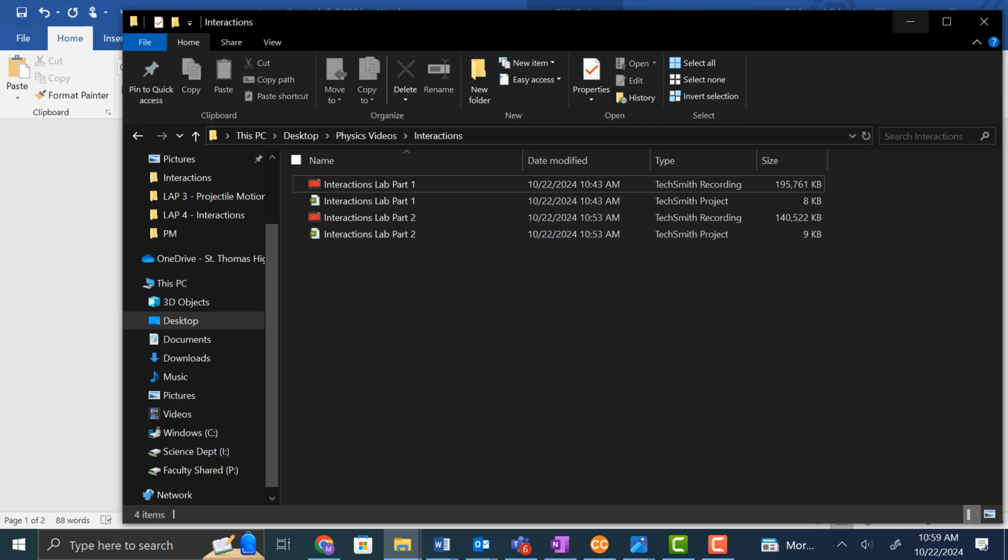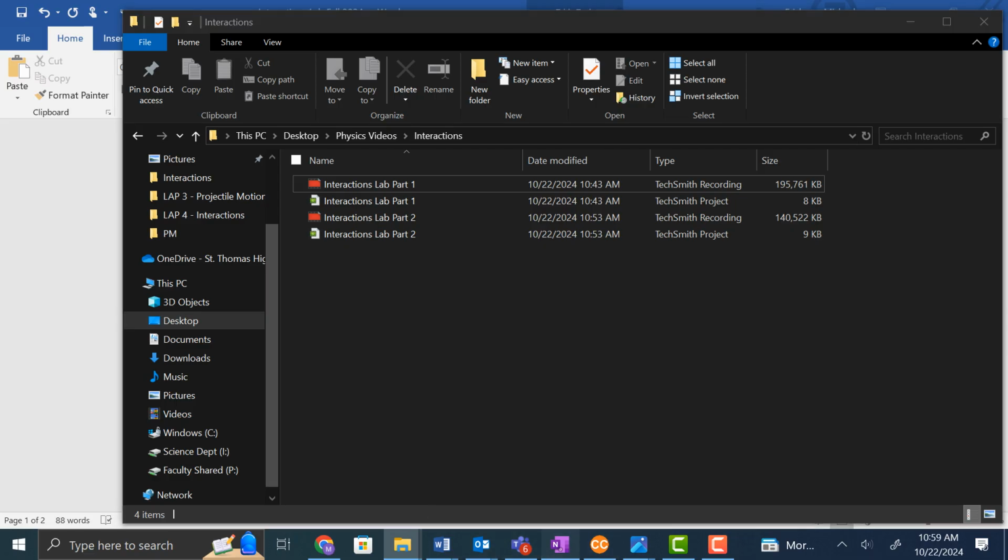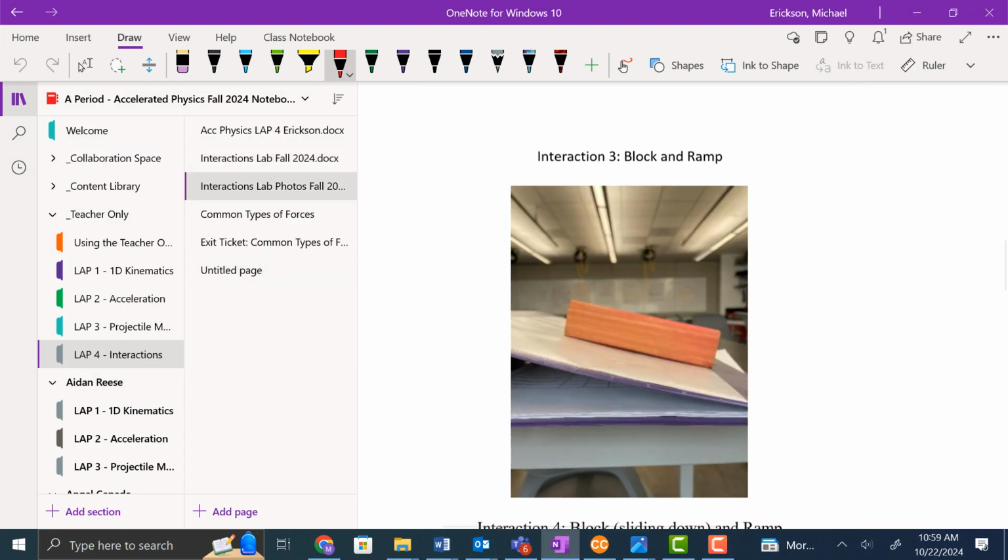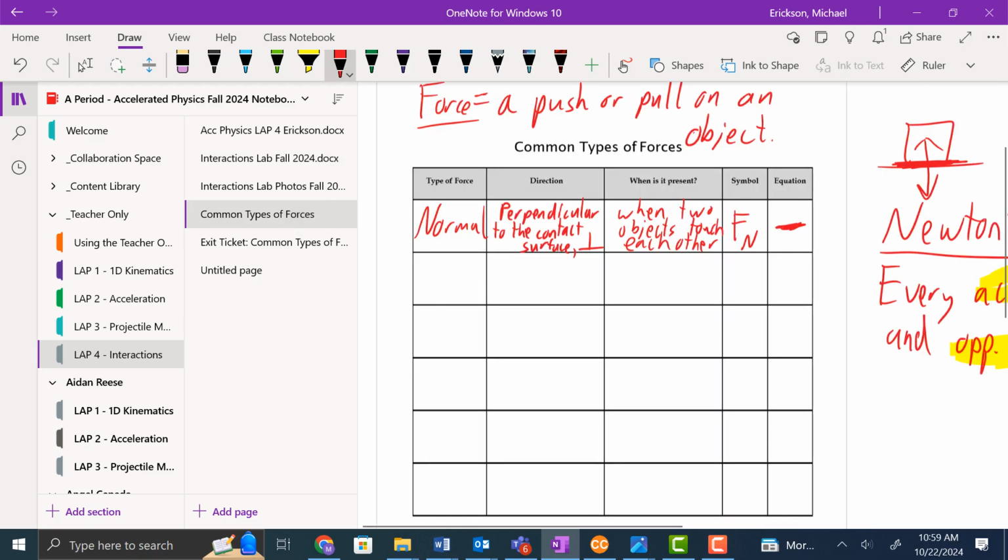So I'm going to say there is a friction force. It's parallel to the contact surface. When you rub your hands together, it gets warm because of friction. Everyone knows what friction is.